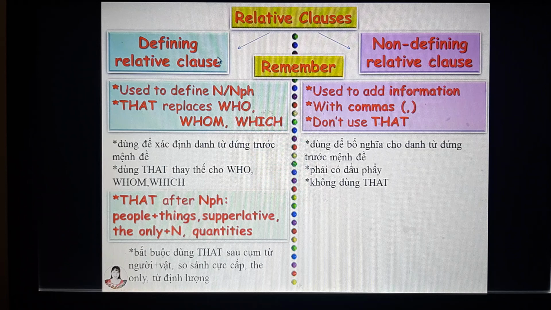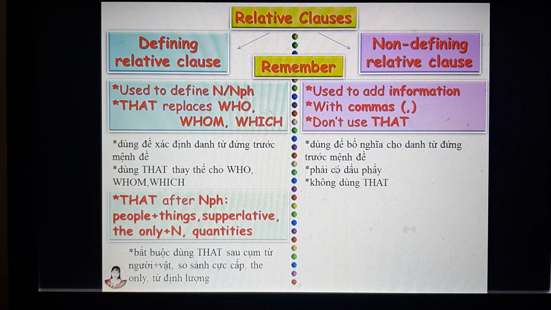Defining relative clauses define a noun or noun phrase, but non-defining relative clauses add information. We use that to replace who, whom, which, but we don't use that in non-defining relative clauses. We have to use commas, one comma or two commas.